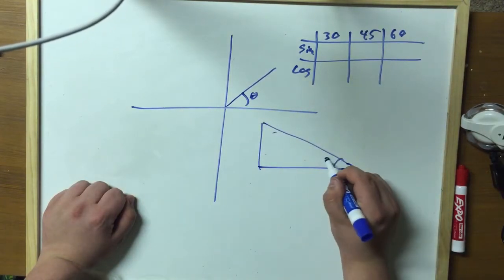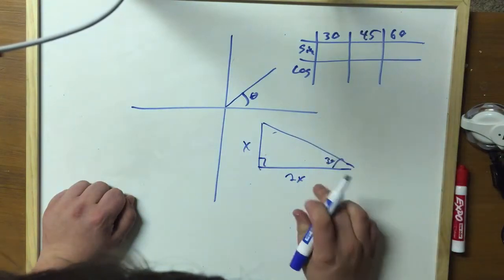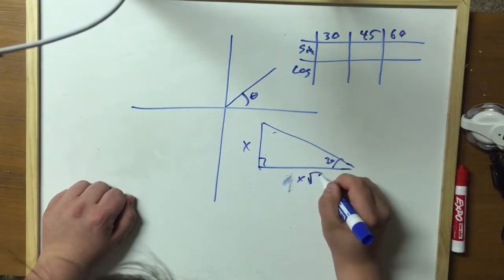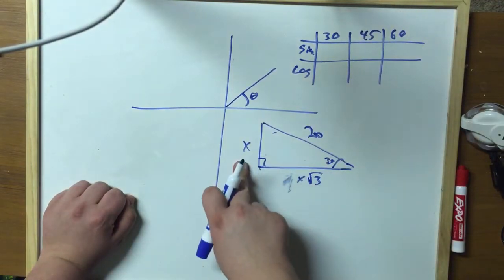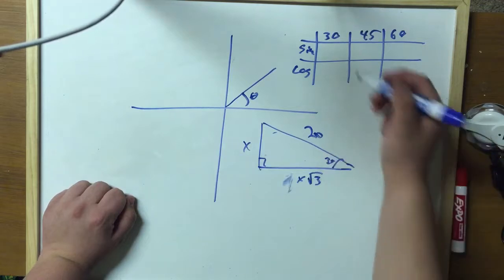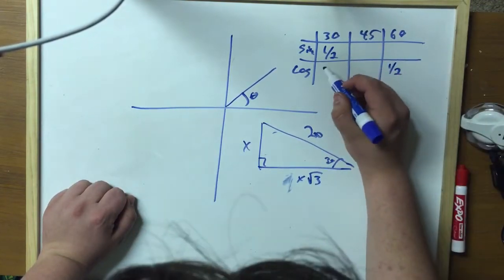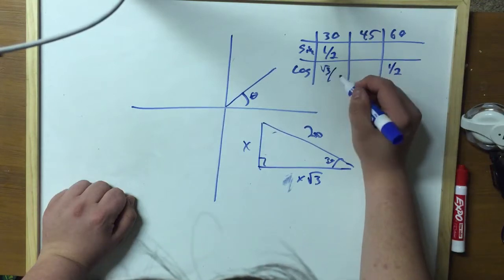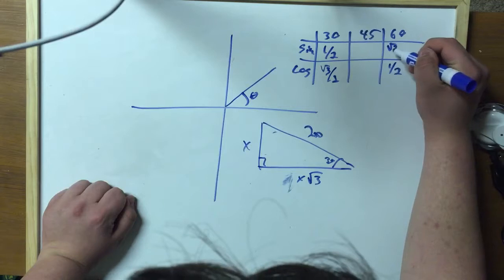This is the 30, that's the 90, this is x, and this is 2x. Then we have our sine, which is the opposite over the hypotenuse. This is going to be 1 divided by 2, and this is the square root of 3 divided by 2.